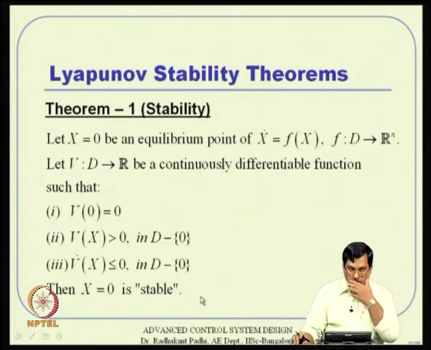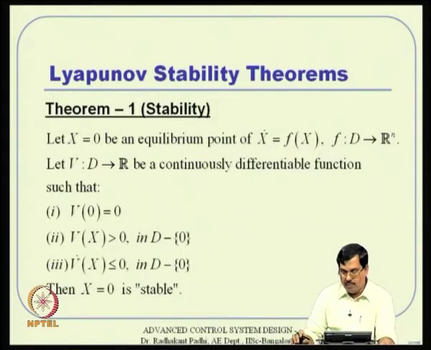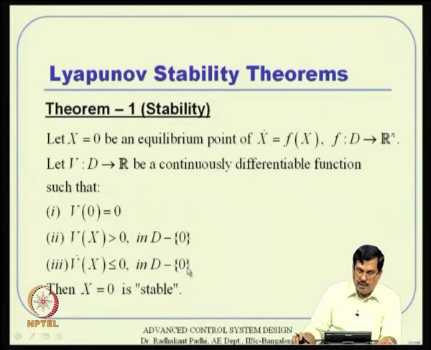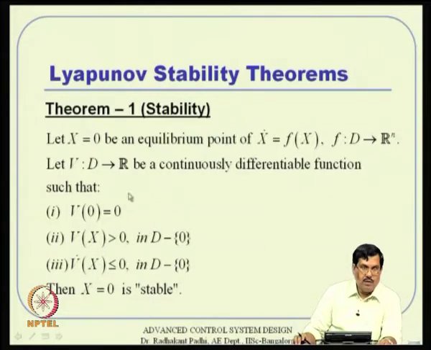Obviously, the weakest notion is something that we typically do not like so much, we want to conclude further, and for that we have the asymptotically stable equilibrium condition. The only change is that this inequality becomes strictly less than 0, and all other things remain exactly the same.